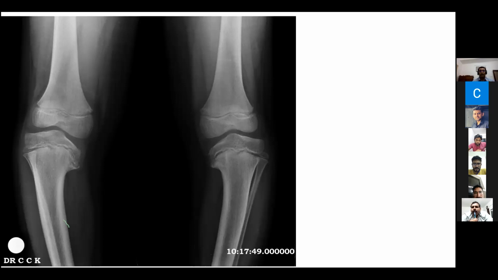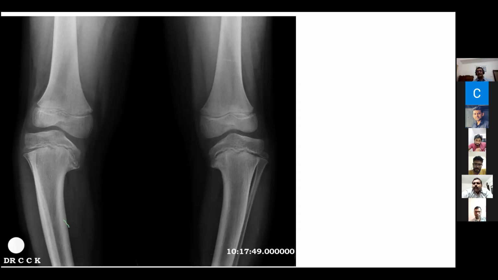What about the epiphyseal-metaphyseal junction? Is there not an abrupt angulation at the metaphyseal-diaphyseal area? Yes, that is one more feature. Then what is the position of the tibia in relation to the femur? Lateral subluxation.